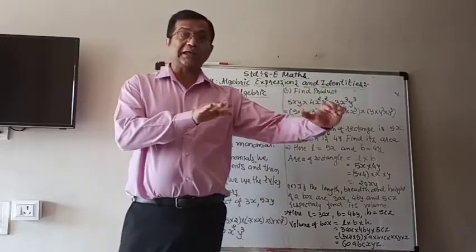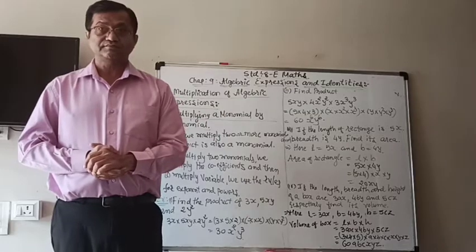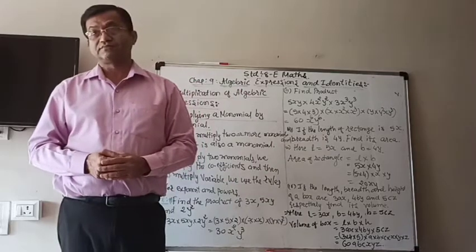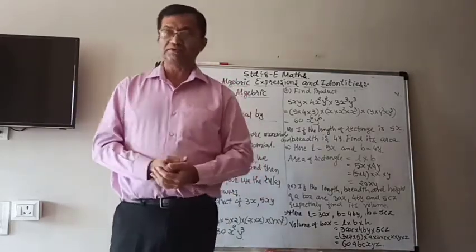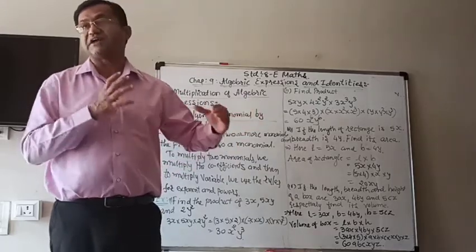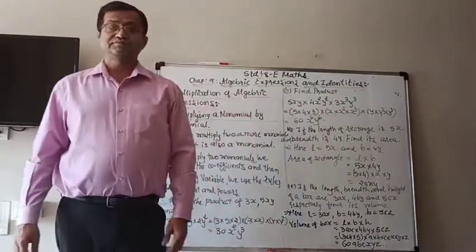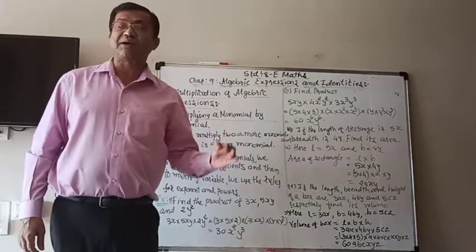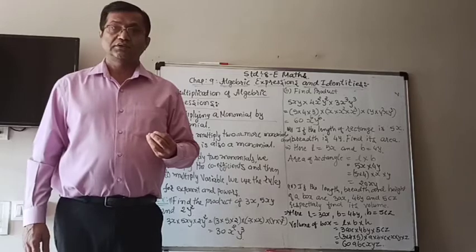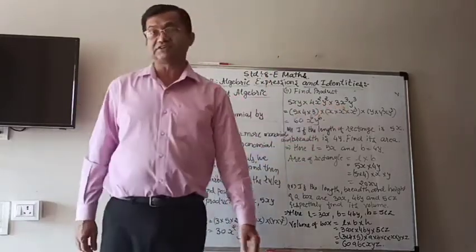Like if you learn English, the basics are alphabets, then you understand how to make words, then sentences. So this is like the base alphabets of algebra. If you know the identities properly, then factorization, expansion, and so many other chapters in standard 9 and standard 10 will use these identities.